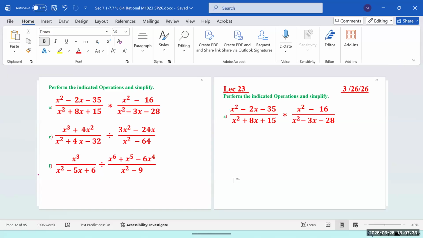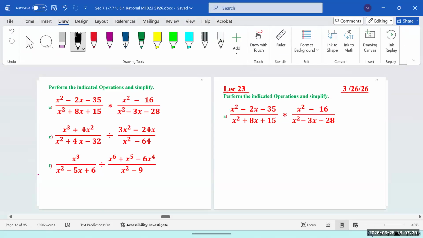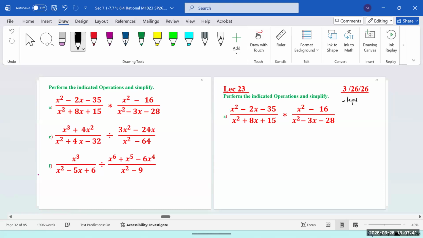But anyway, so multiplication. Do you remember the steps for multiplication? What are the steps for multiplication? Anyone? Step 1. Factor. Step 1, factor. What is our step 2? Once you factor everything, what do you do with your factors?